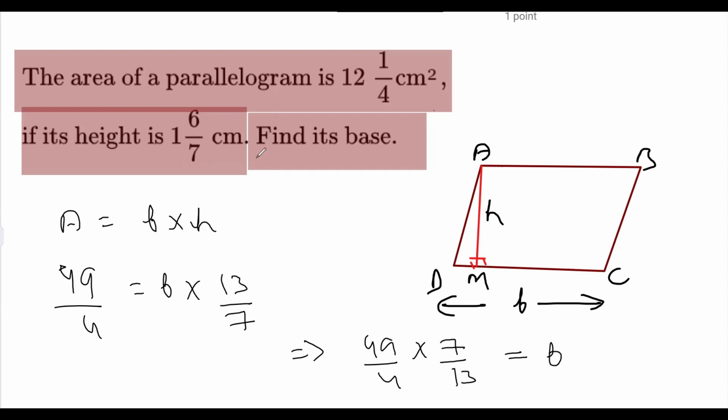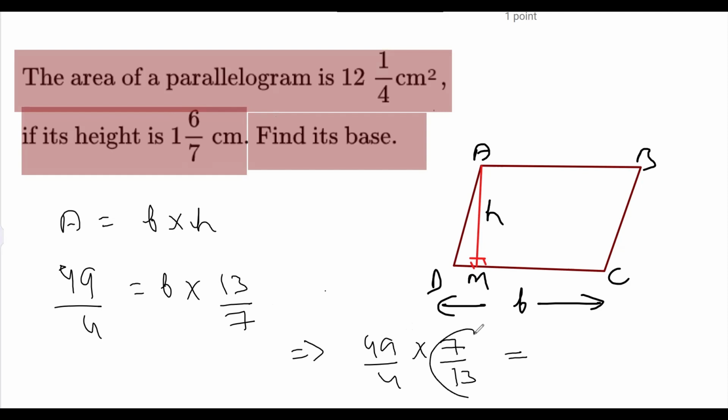One more time. Here we know the area of the parallelogram as this, which is 12 1 by 4, same as 49 over 4. And the base is what is missing over here, and the altitude or the height is given as this, which is 13 over 7. Now in order to get base, we are going to transpose it to the left hand side, and as we transpose it, what happens? This number will get reciprocated on transposing.